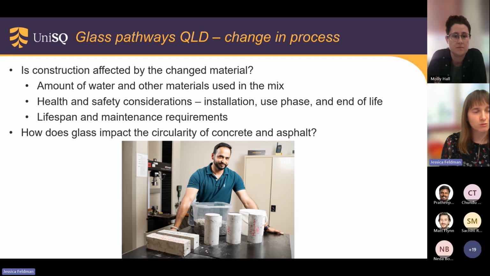And also, is the amount of water and other materials used in the mix changed? Because that could affect environmental impact. Other health and safety considerations, and lifespan and maintenance requirements. And I've just got a picture here of our student Malwinda, who's doing a project in this area looking at how glass impacts the circularity of concrete and asphalt. And this is really important for answering some of these questions.